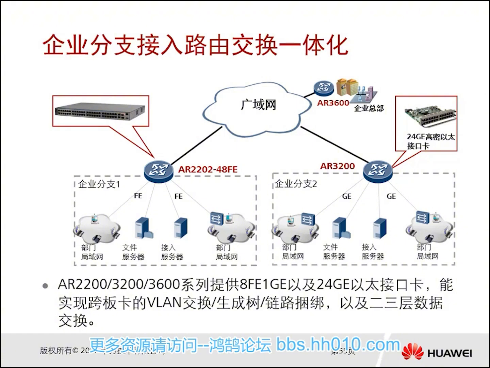In other words, they are different series. We have talked about his interface cards before. He can provide different interfaces, so he can achieve VLAN across cards, VLAN exchange connections, and link aggregation. So the data exchange at the second and third layers is also feasible. This is mainly about a branch connecting to our router and switch. This is the scene at this moment.